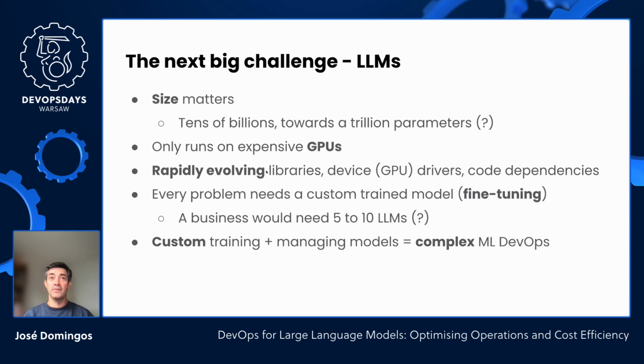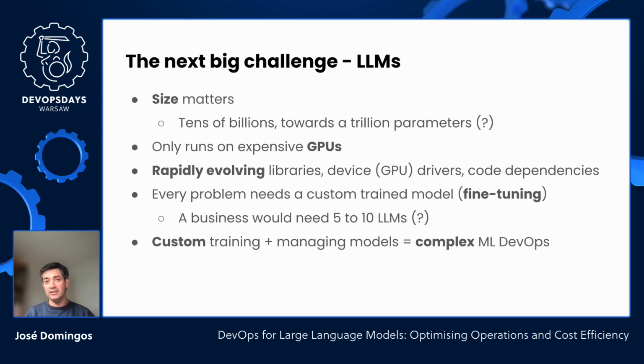important consideration. You see rapidly evolving libraries, device drivers for GPUs and code dependencies and new software. You see the problem of fine-tuning. How many language models does a business need? You may have one language model for customer support. You may have one large language model for user support.